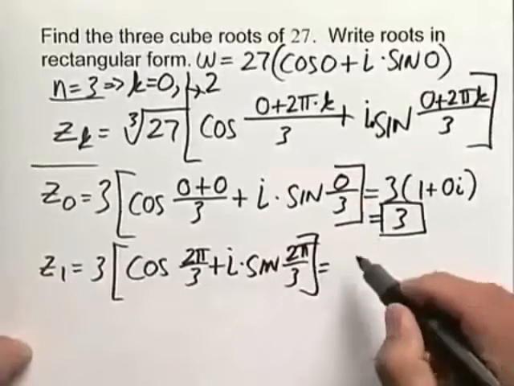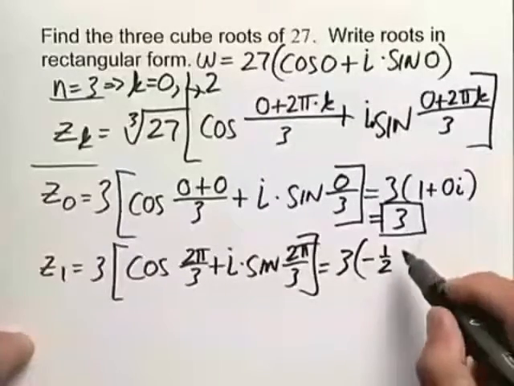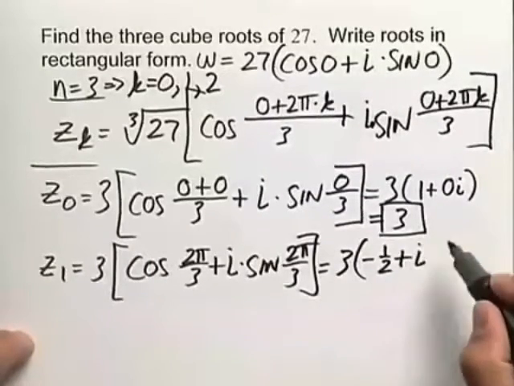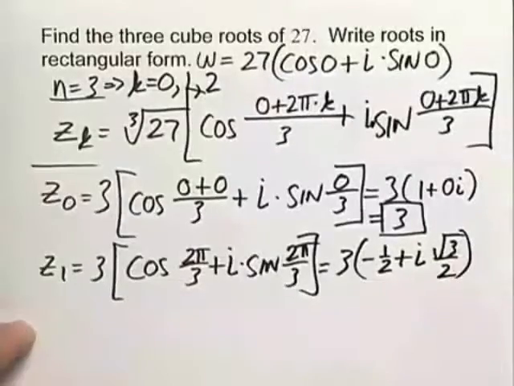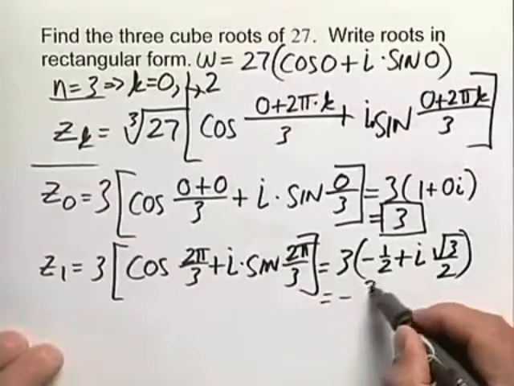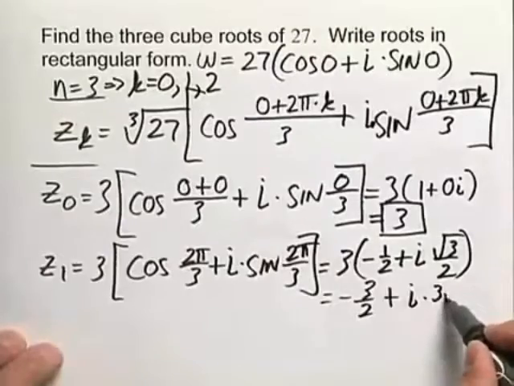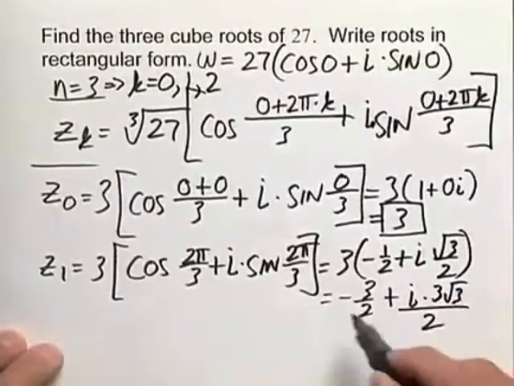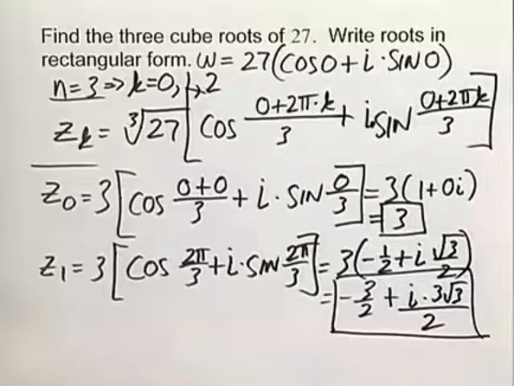So that will give us the value of 3 times the quantity negative 1/2 plus i times the square root of 3 over 2. And so to distribute that through, we're going to end up with negative 3/2 plus i times 3 square root of 3, all over 2, and this will give us the second cube root of 27.